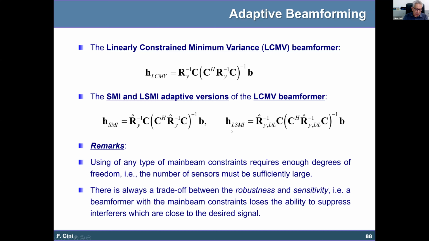And for the reason that we have understood, you may use the diagonally loaded version of the sample covariance matrix estimate to improve robustness of the beamformer.